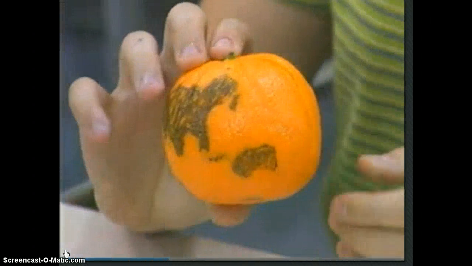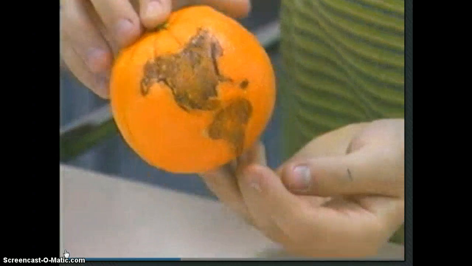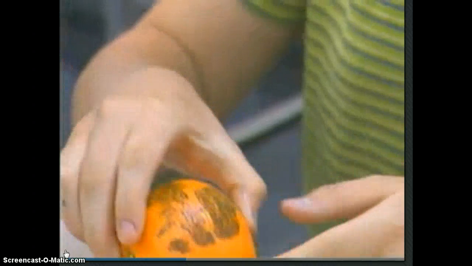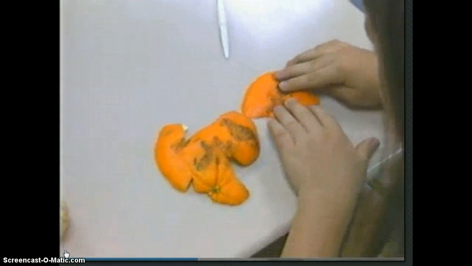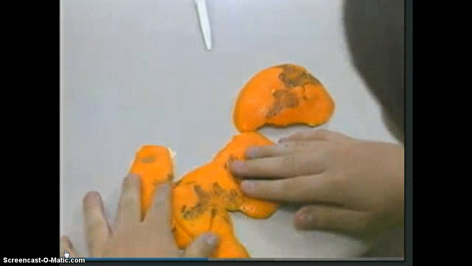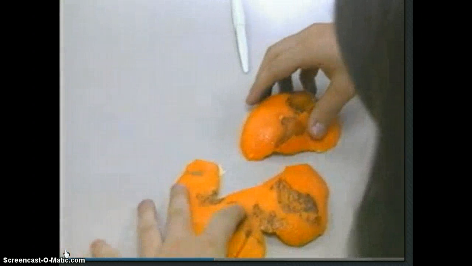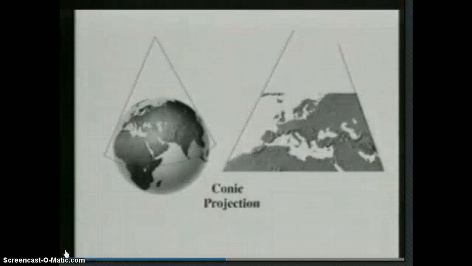Think of an orange with a map of the Earth drawn on it. The map on the round orange will look very close to the real thing, our planet. But when we try to peel the skin of the orange off to make a flat map, things begin to look strange. It would be hard to use this map because of the empty spaces between the sections.